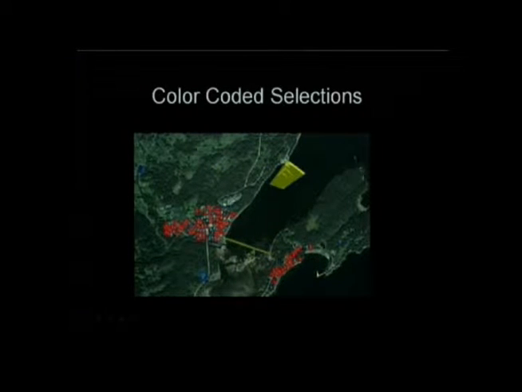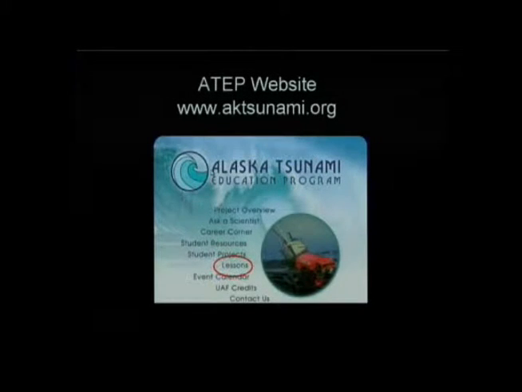In this case here, the transportation is in this yellow color, residential areas are red, and some of the municipality structures are in blue here. Again, this is on the Alaska tsunami website, www.aktsunami.org, and it's one of the lessons there. So just a quick reminder to people who haven't done that, we would like to get those, and that's the starting point here.